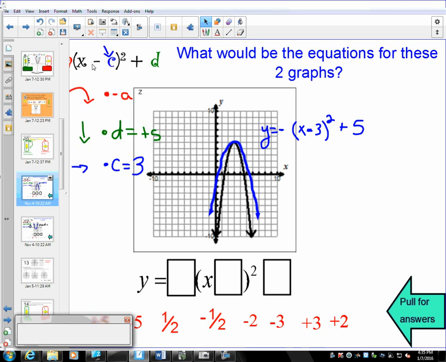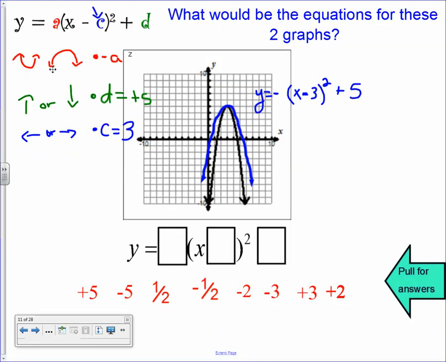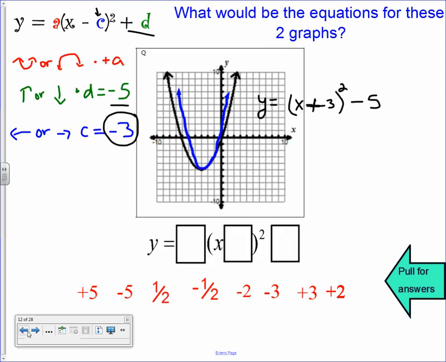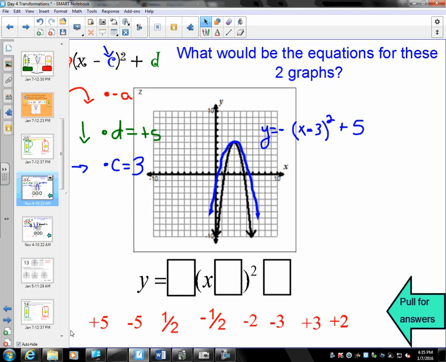So now, going back to the 2 graphs at the top of our paper, what we're going to do is use the new information to figure out what the number in front, our A value, might be. Is it going to be a fraction because it was compressed or because it became wider?